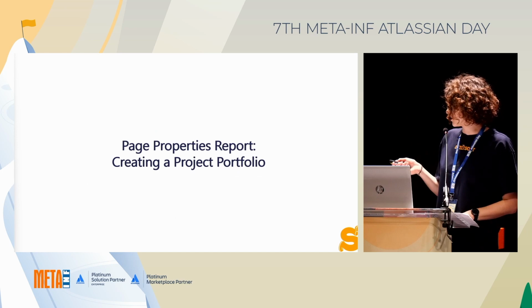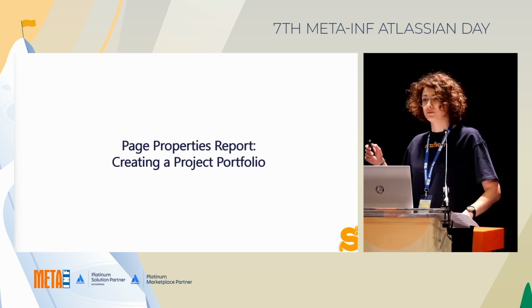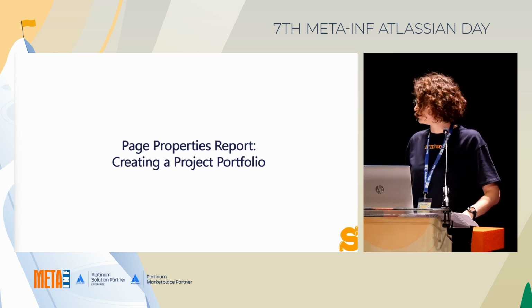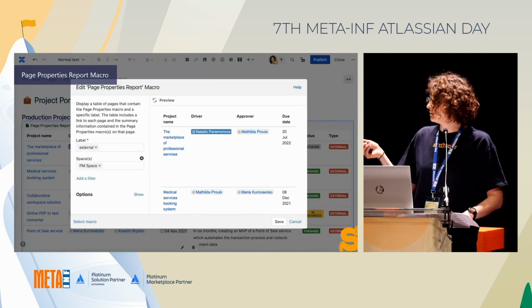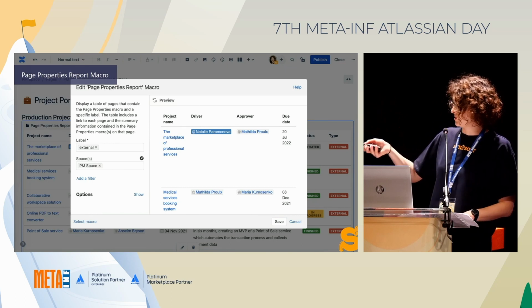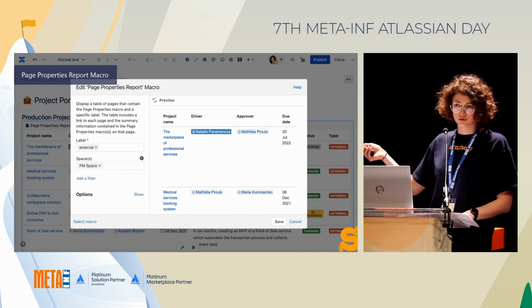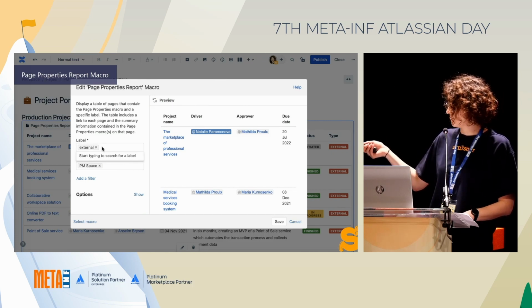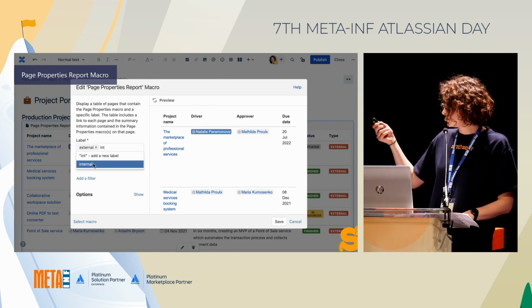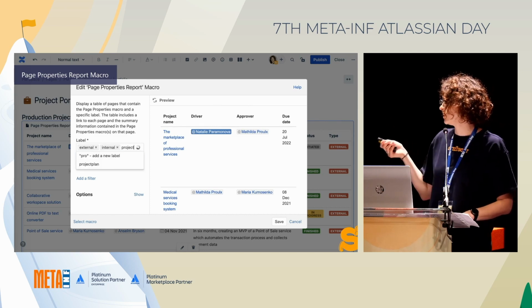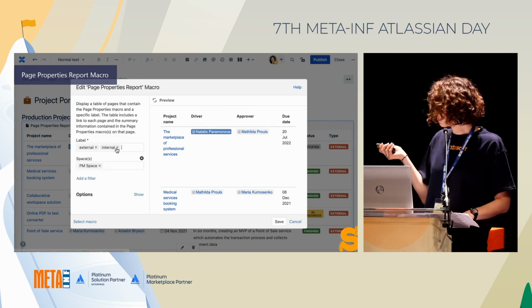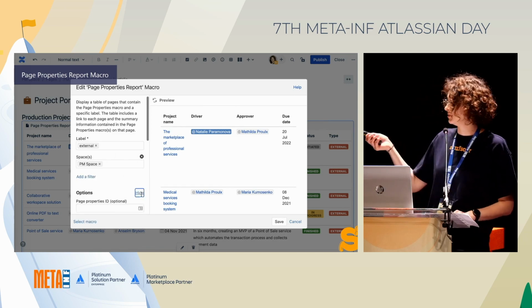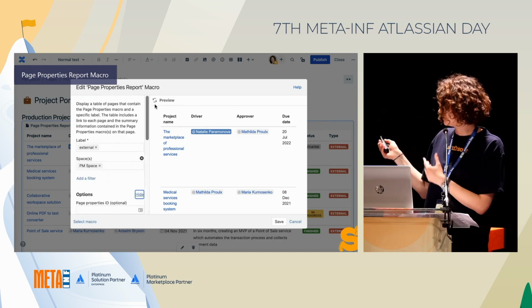Let's see how it works. After creating multiple pages with separate projects and project-related data, you can insert the Page Properties Report macro on the master page, and this is where you need labels. With the help of labels, you can specify which particular pages you'd like to summarize and create a report from.